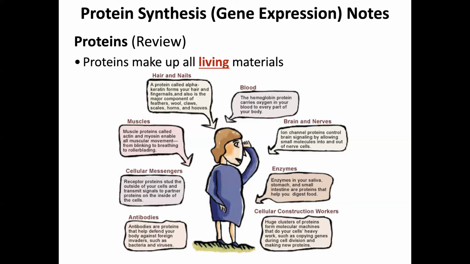That's the heavy work. Another thing is that the kinesin is used to separate the cells when a cell is dividing into two cells. So in cell division, the kinesin or molecular motor is very important.